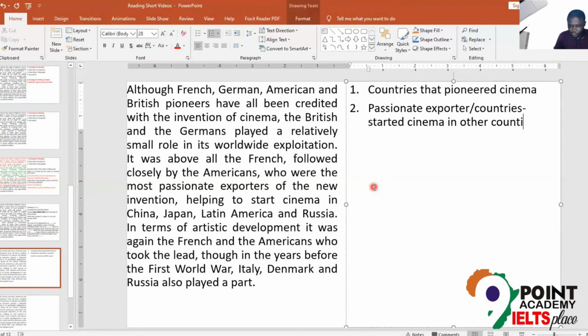Now look at the first two sentences. You can see country that pioneered cinema, passionate exporter, country that started cinema in other countries. Started, pioneered. So they started in their own, started in other. So the main idea of this paragraph is the country that pioneered cinema.